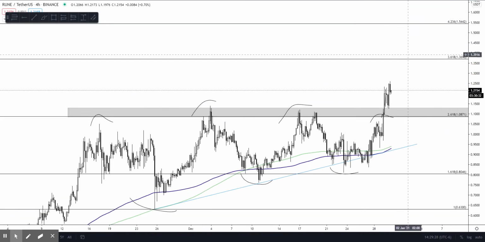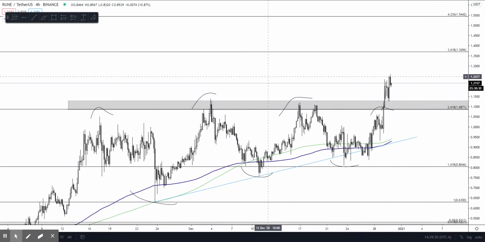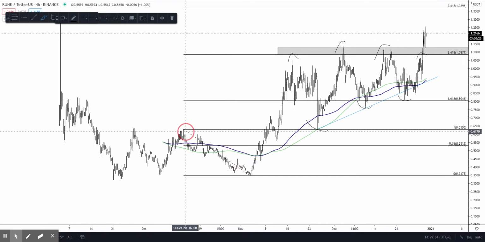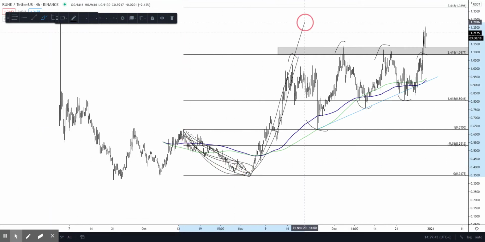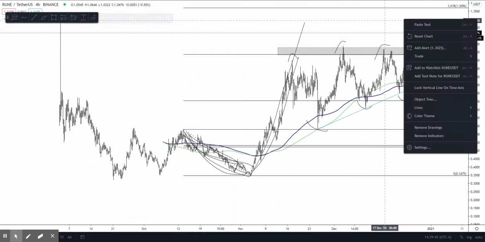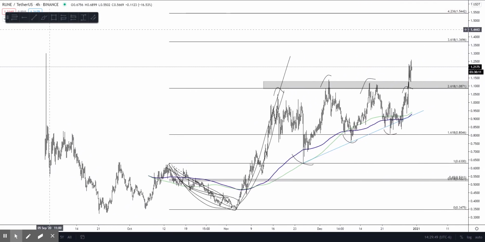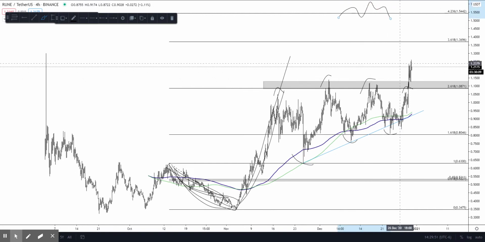And then you break that and you look for your 4.236, which would be the ideal top for this up move. So this pullback created this leg upwards, and that 4.236 is the ideal top for that push upwards.